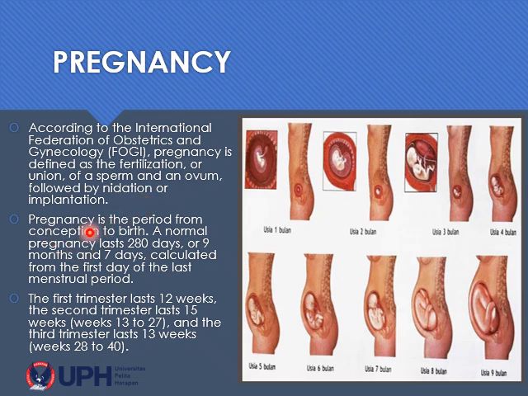So pregnancy is actually the period from conception to birth, and a normal pregnancy lasts 280 days or around 9 months and 7 days, and it is calculated from the first day of the last menstrual period. The first trimester lasts 12 weeks, the second trimester lasts 15 weeks from week 13 to 27, and the third trimester lasts 13 weeks from week 28 to week 40.